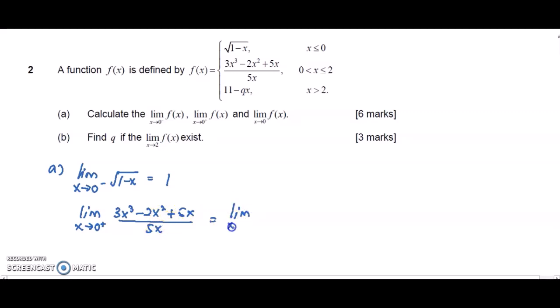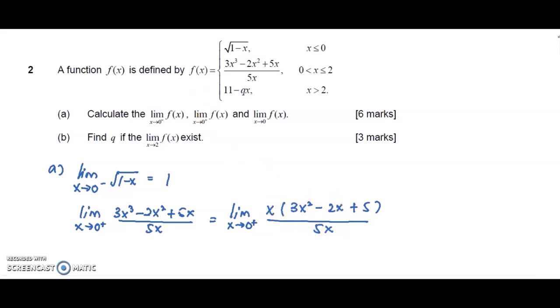That is, either we factorize or multiply by the conjugate. For this function, we can see that on top we have a polynomial. It can be factorized: you can take out the x, and inside the bracket you still have 3x squared minus 2x plus 5. Down here, we have 5x.